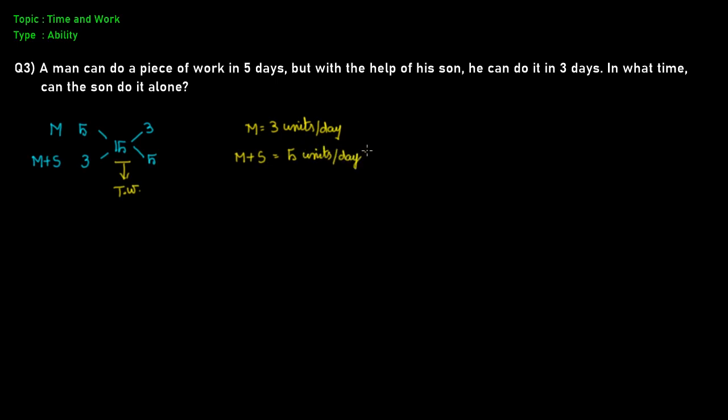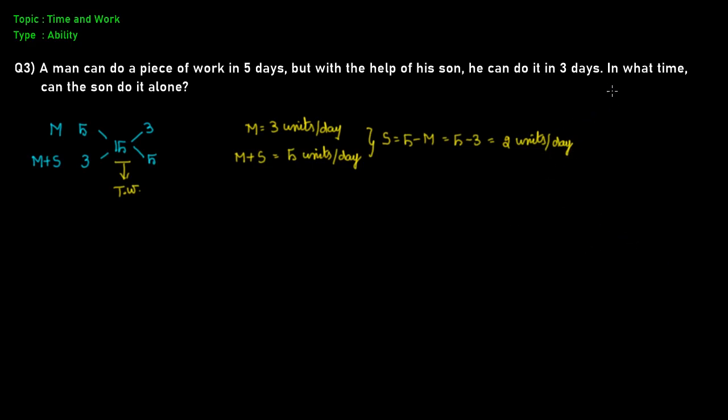So from these two equations, I can clearly say that S is equal to 5 minus M is equal to 5 minus 3, and I get 2 units per day. So we have found that his son can do 2 units of work per day.